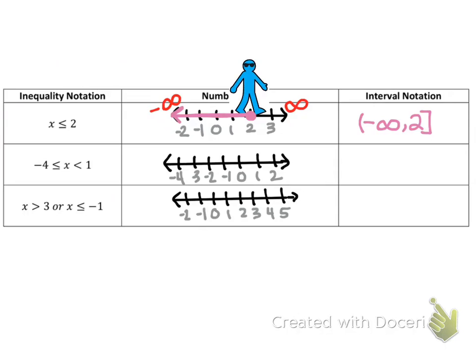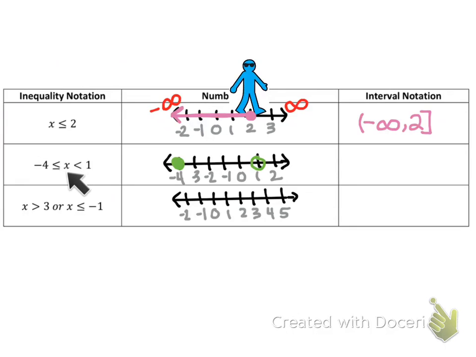We have negative 4 is less than or equal to x, which is less than 1. I'm going to start by filling in a closed circle on negative 4 because it's including negative 4, and an open circle on positive 1. Now, what is our solution being represented by? X is between these two values, and it even looks like it in the solution.